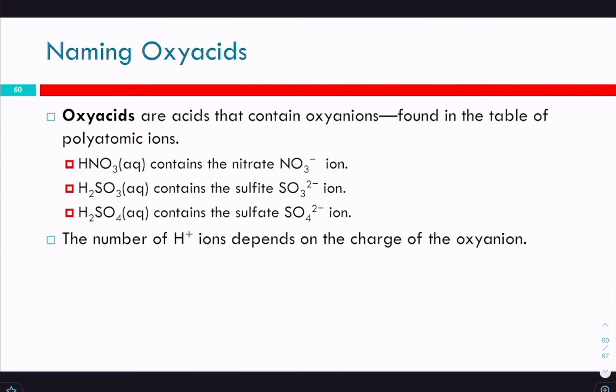So if we had phosphate and we wanted to form an acid of phosphate, it would have 3 hydrogens, because every one of those hydrogens has a 1+ charge and phosphate has a 3- charge. So they're canceling out charges again, like ionic compounds.